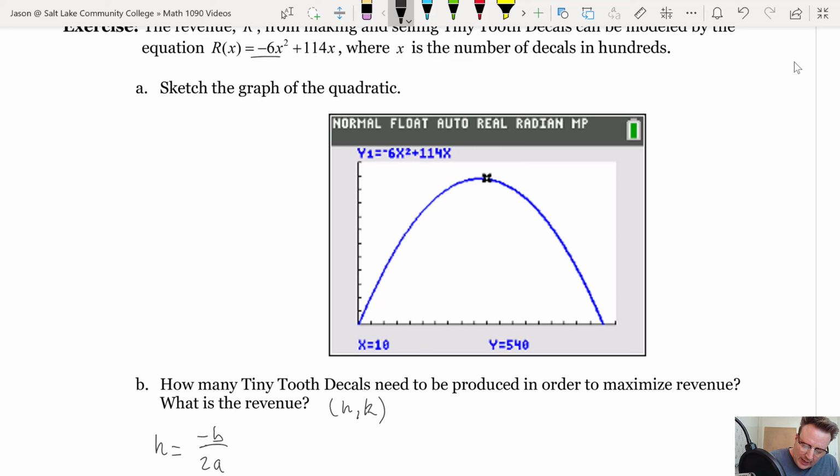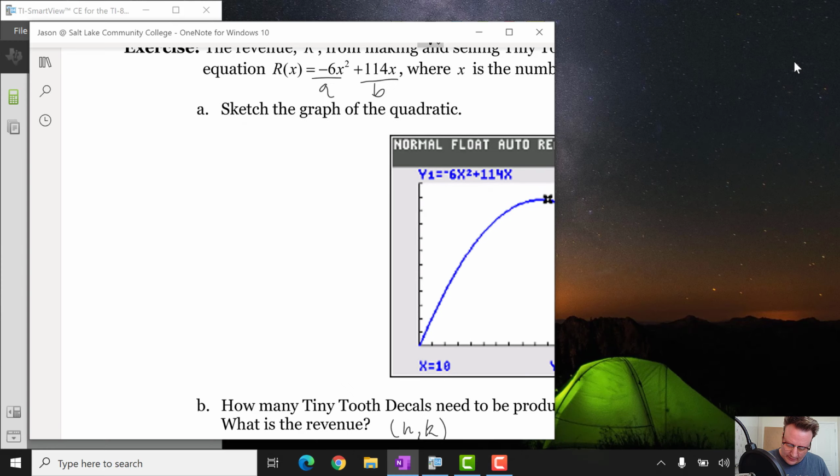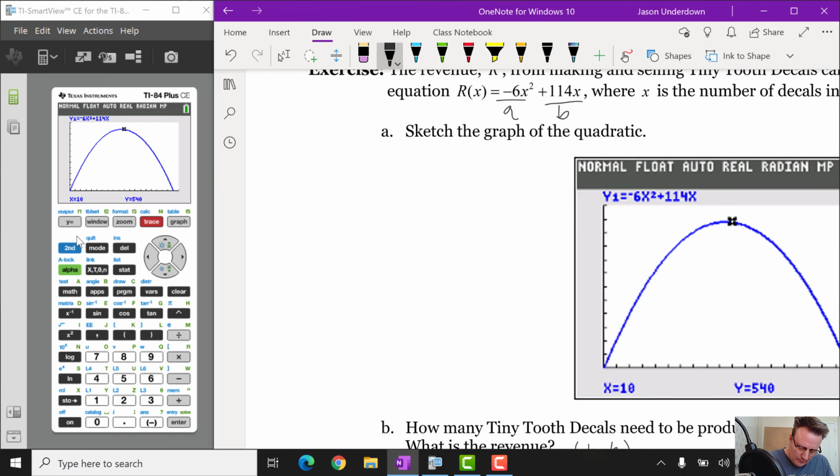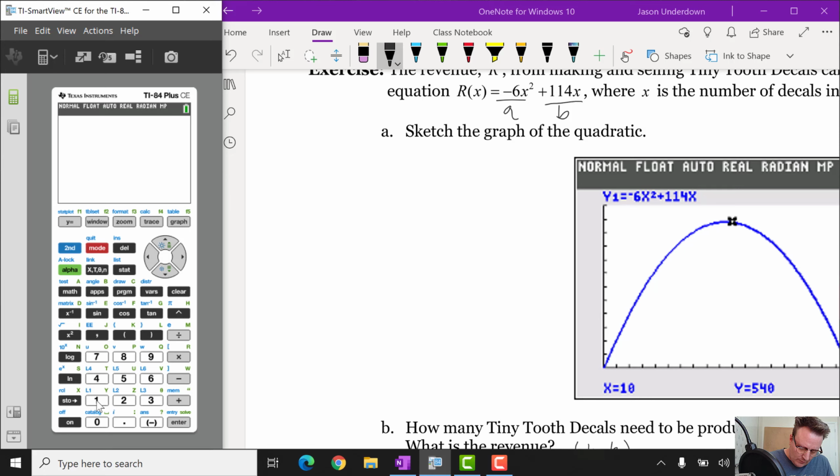So here is a, and here is b. c is just 0 with this quadratic function. So let's see, what do we get? We get negative 114 over 2 times negative 6, that's negative 12, which I'm going to do on the calculator. 114 divided by 12, so what about 10-ish? 9.5, yeah.